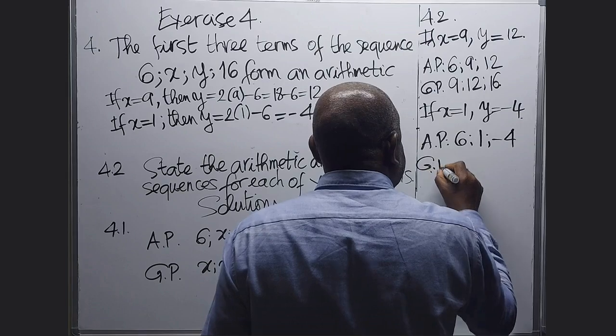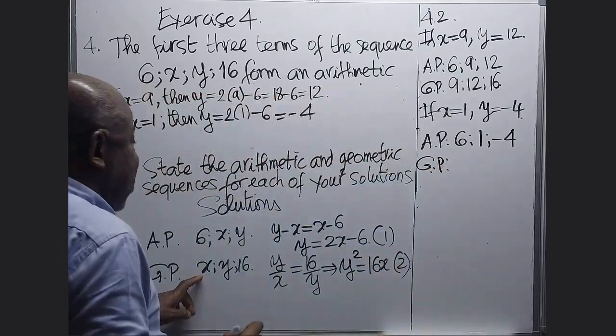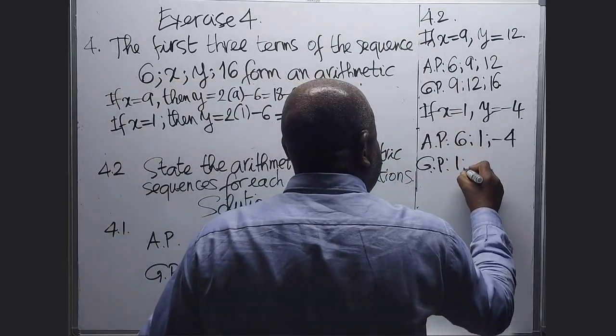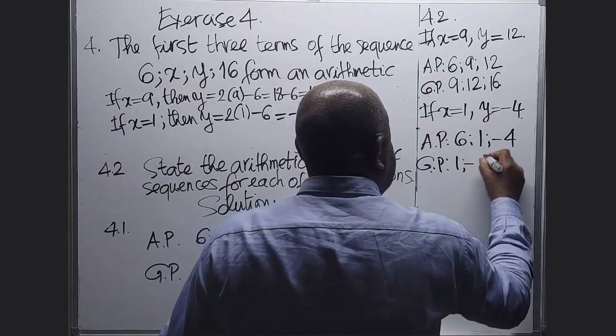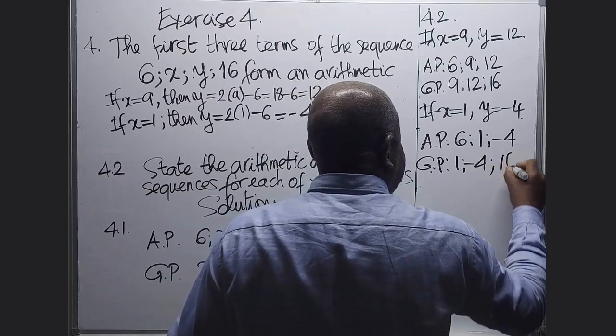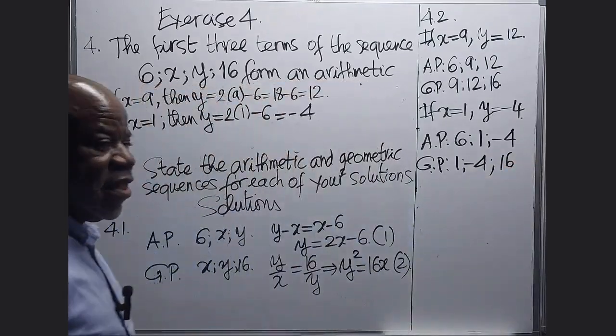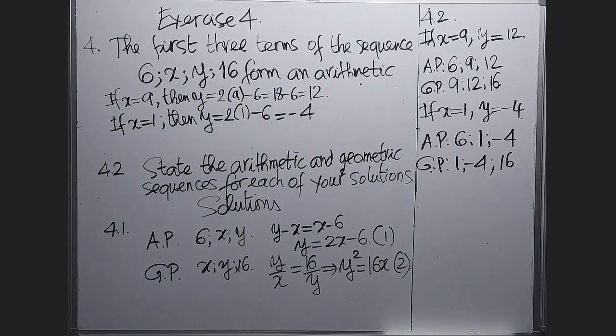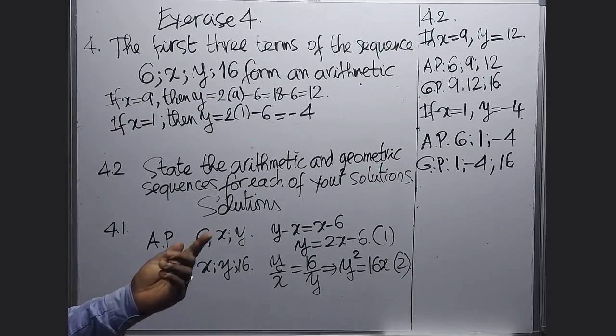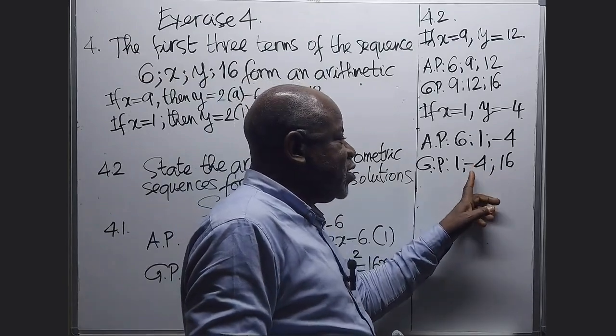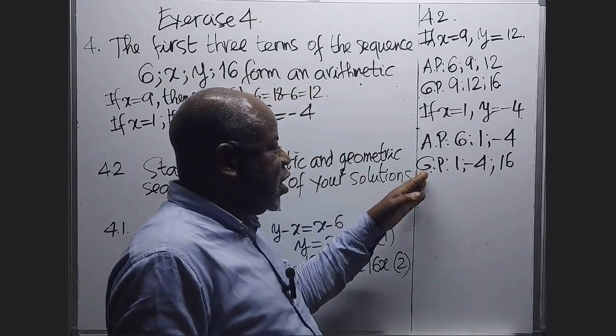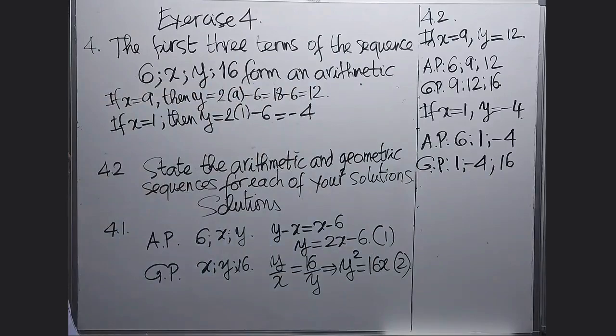And our geometric progression will be x is 1, y is negative 4, and 16. Negative 4 over 1, we get negative 4. 16 over negative 4, we get negative 4. And that is for the geometric progression.